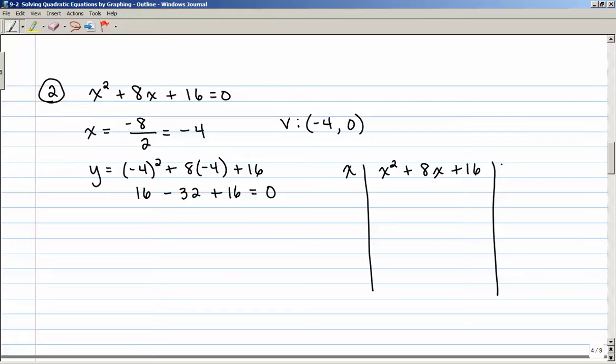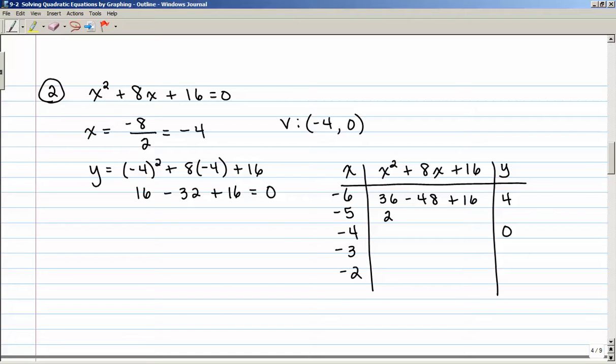And remember, I'm going to plug in the vertex as my center point, and that was negative 4, 0. Let's choose two x values that are smaller than negative 4, so that would be negative 5 and negative 6, and two that are larger, negative 3 and negative 2, and let's plug those in. So negative 6 squared is 36, negative 6 times 8 is negative 48, plus 16, and that gives me a 4.